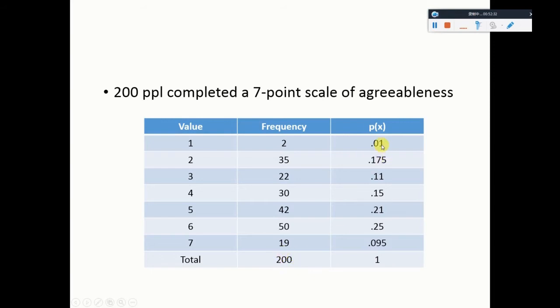That will give us 0.01, which is exactly how we calculate relative frequency: 2 divided by 200, 35 divided by 200, 22 divided by 200, and 30 divided by 200, all the way to 7, or 19 divided by 200, which gives 0.095. And if we add up all the probabilities, we have 1.